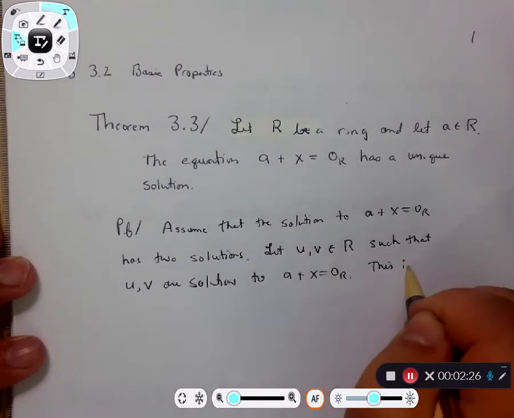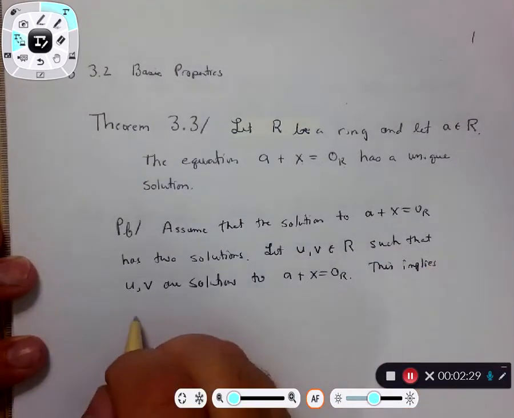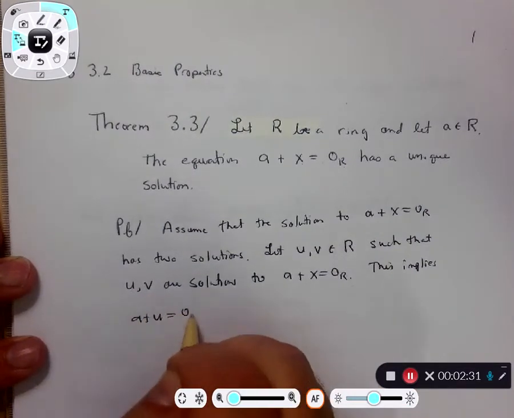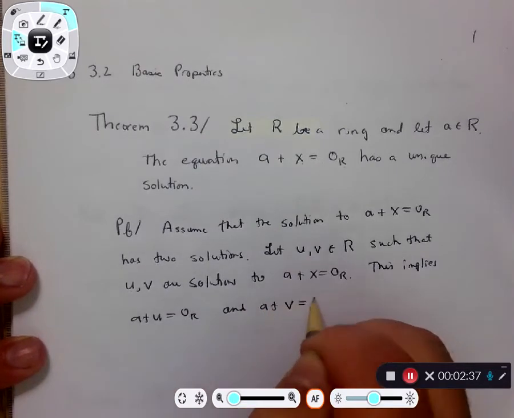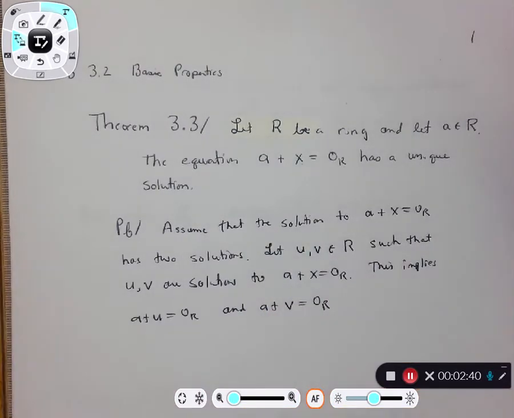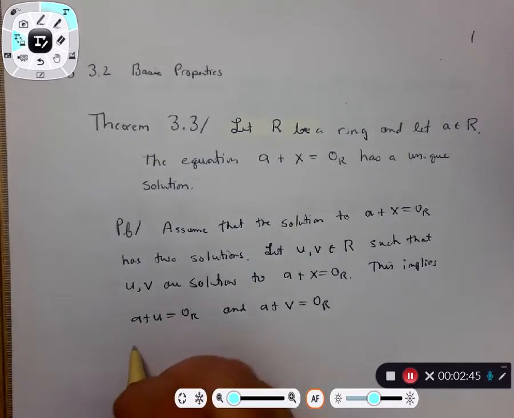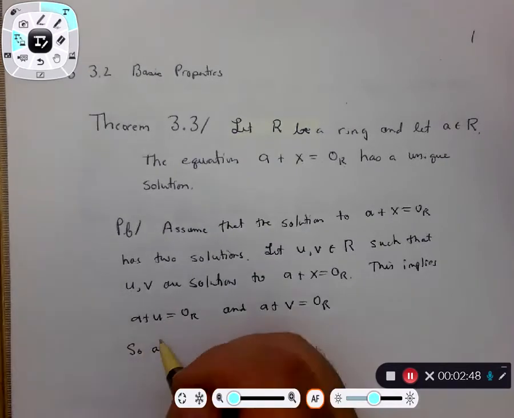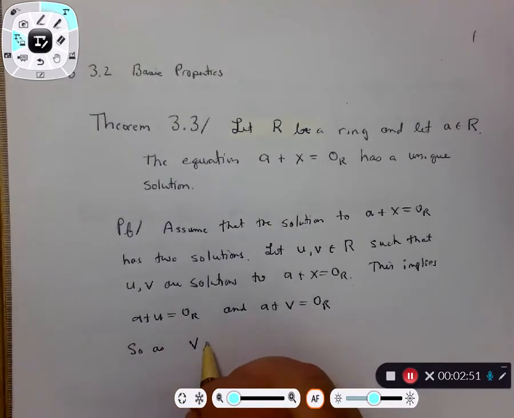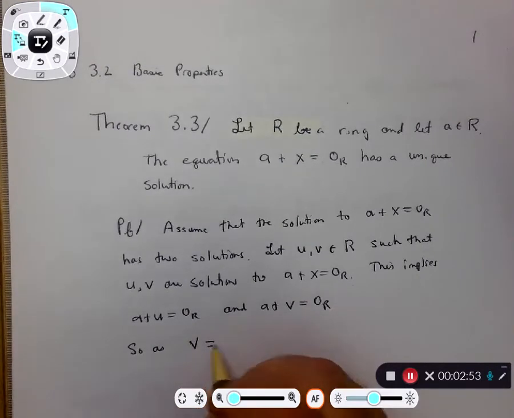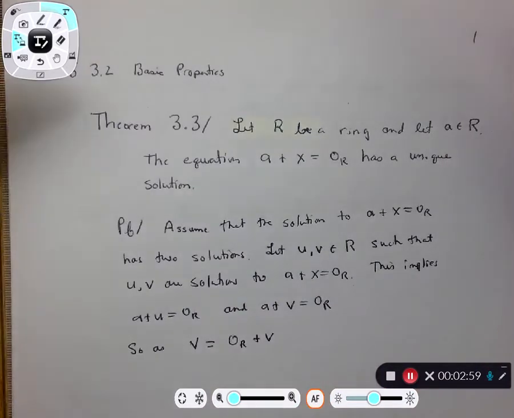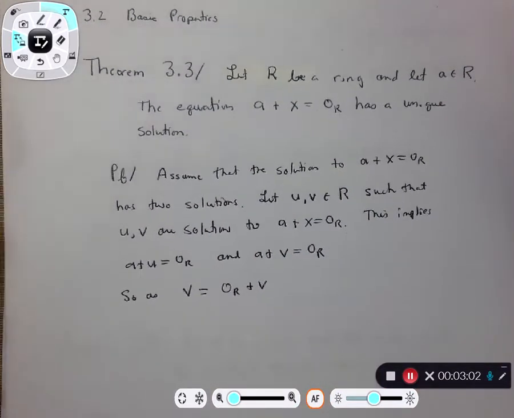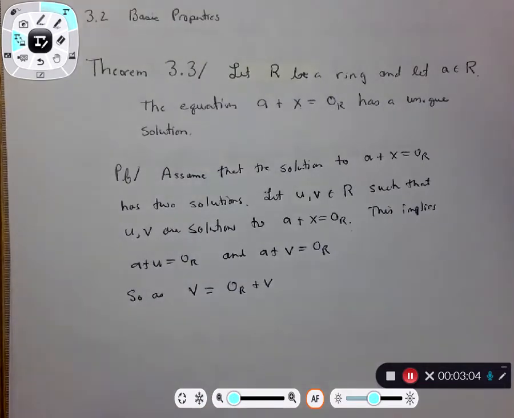This implies that A plus U is equal to 0 in R, and A plus V is equal to 0 in R. So we'll start off with V. V is equal to 0 in R plus V. Statement of reason here: this is pretty much by the property of the additive identity 0.